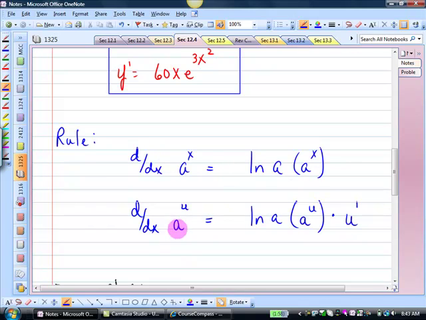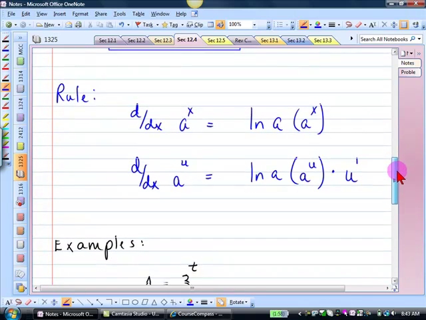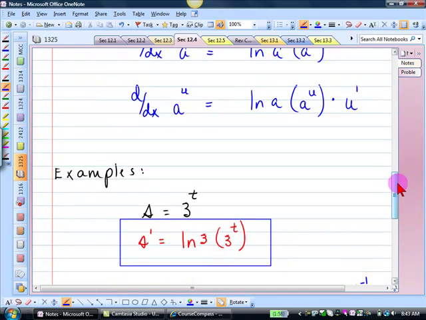Okay? And if you have a to the u, again, something other than x, you're going to have ln a times a to the u, and then you're going to multiply it by the derivative of u. So it's very similar to e to the x, except that we get this ln a business coming in. Okay? Let's look at those.